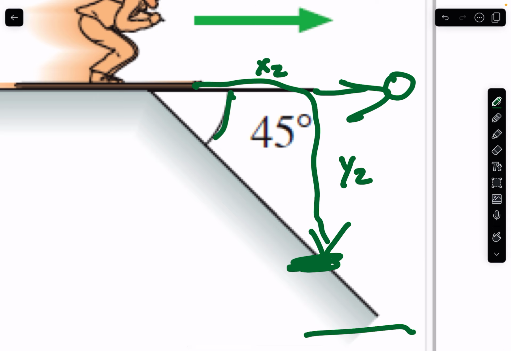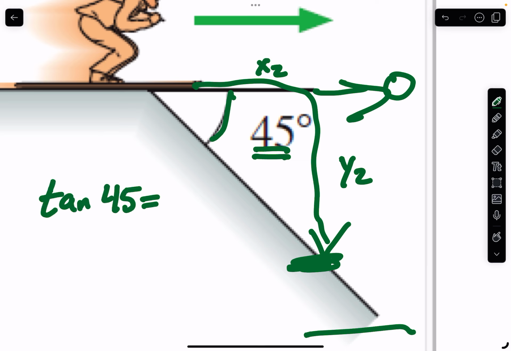And we know this angle is 45 degrees. So I can solve for x2 in terms of y2, or vice versa. And so I can say tan 45 is equal to y2 over x2. Does that make sense?